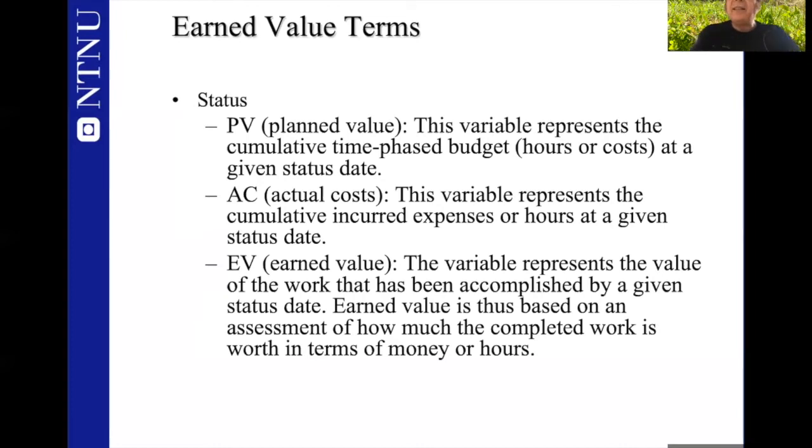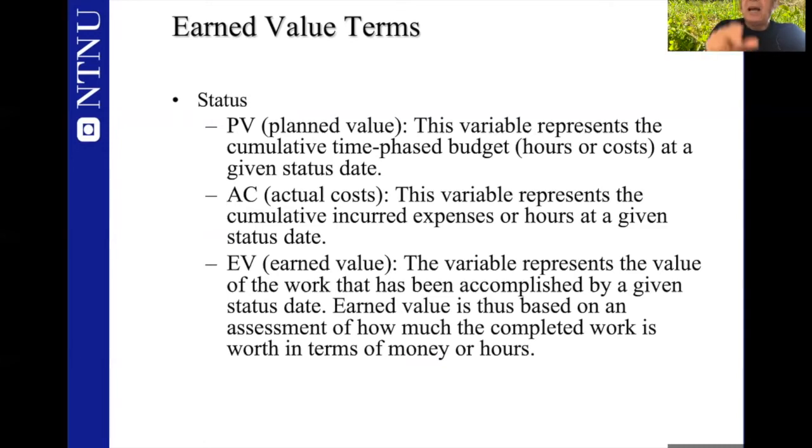There are three important terms when we talk about earned value management. The first term is called the PV, and it is short for planned value. This value represents the cumulative time-phased budget. Like any project, you have a budget. We call it time-phased. It is a budget distributed across a timeline.